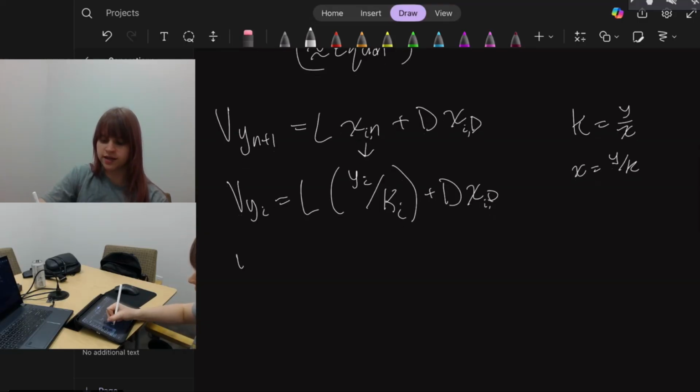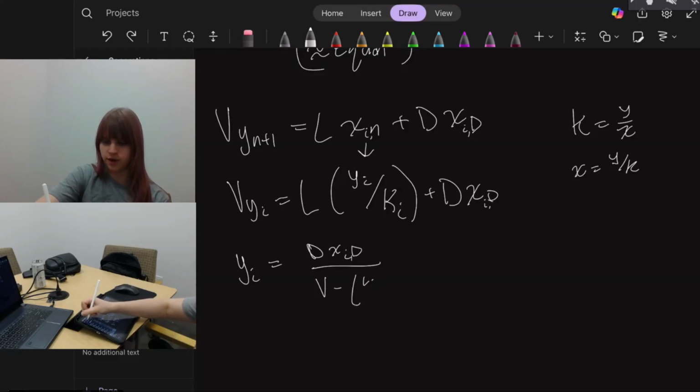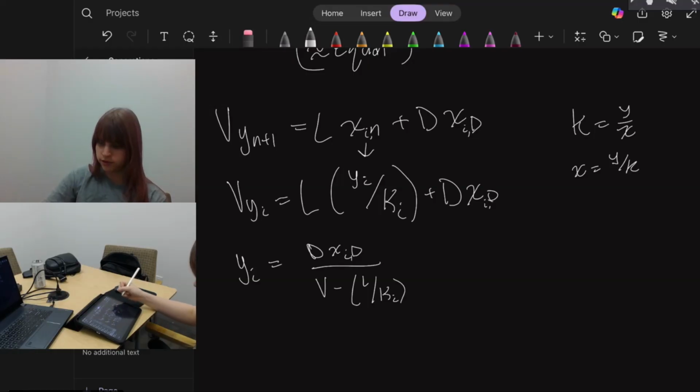So we can isolate y, the vapor composition of component i, which is equal to D, the distillate, times the liquid composition of component i in the distillate, divided by V, the vapor flow rate, minus L, the liquid flow rate, over Ki, and Ki is yi over xi.